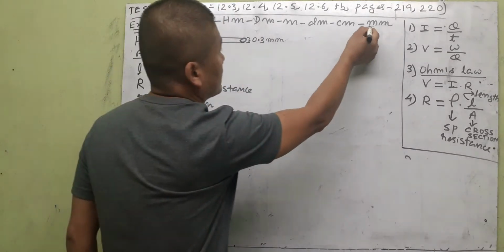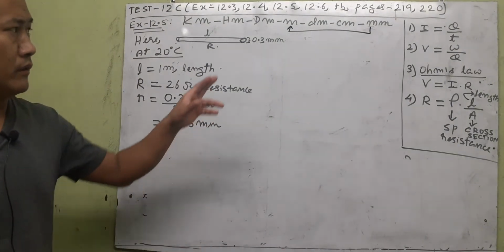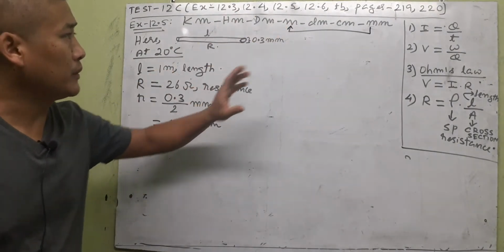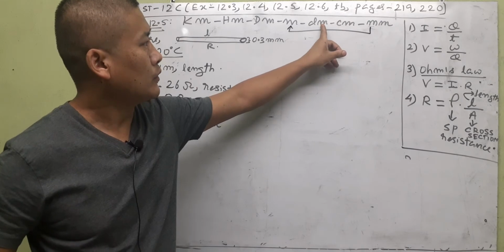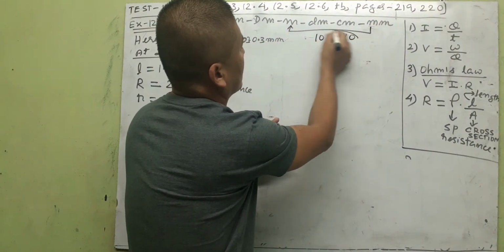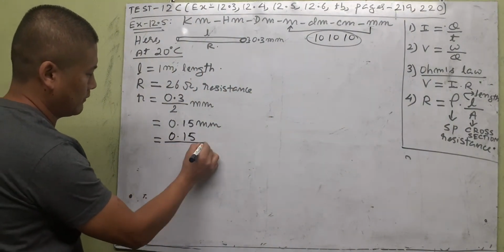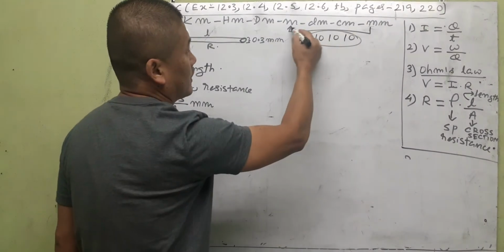So millimeter has to be changed to meter because the SI unit of length or distance is meter. So how many places are you shifting? 1, 2, 3, and we know each place is 10, so 3 tens are there, which means 0.15 has to be divided, because you are changing small to big.